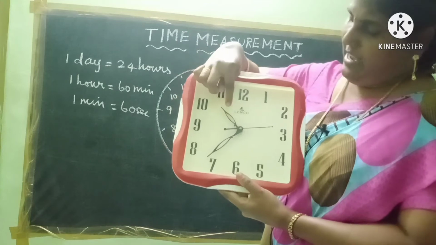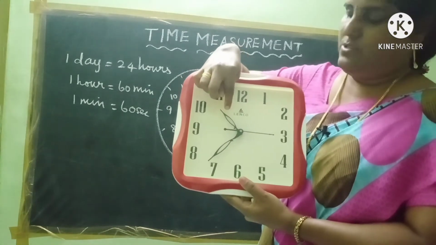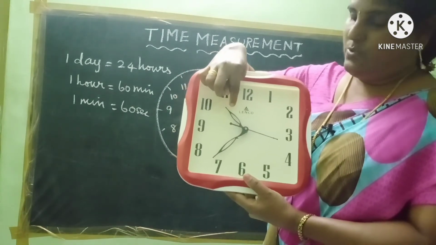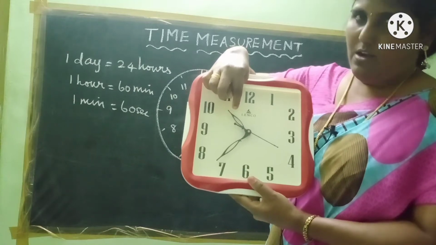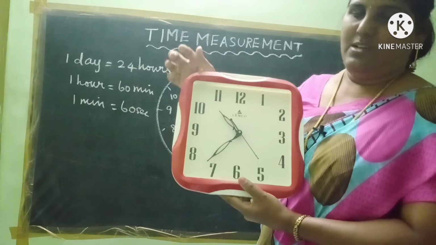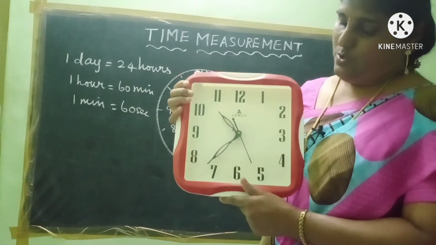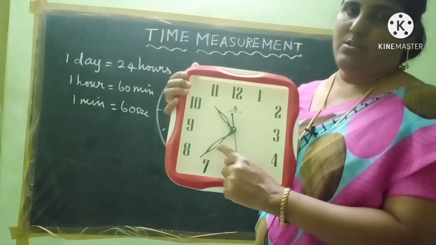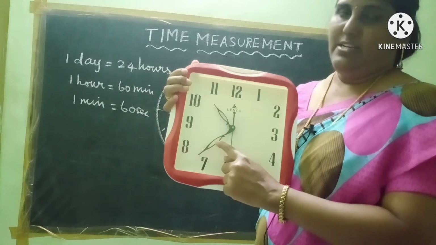This smaller hand always shows the hour, so it is called the hour hand, and this long hand shows the minutes, so it is called the minute hand.